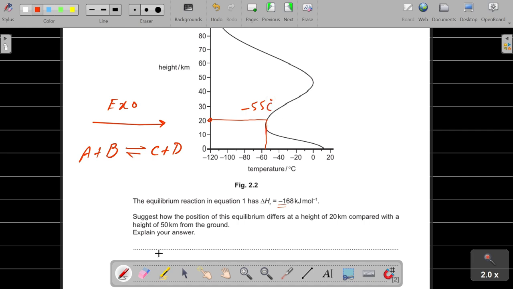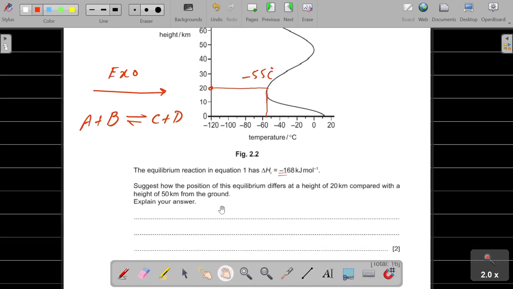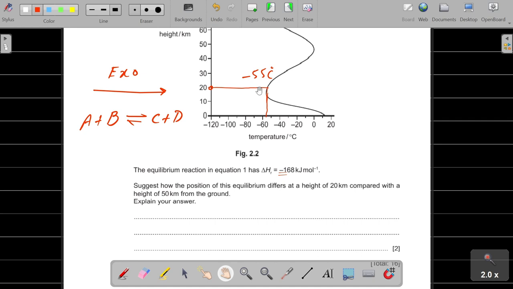So for the position of equilibrium, temperature is very low. When temperature is very low and the overall reaction is exothermic, at low temperature the reaction will move towards the right hand side. You will get more product.